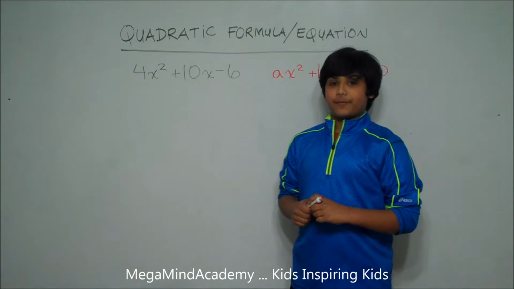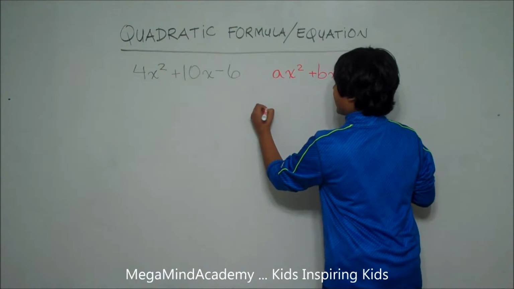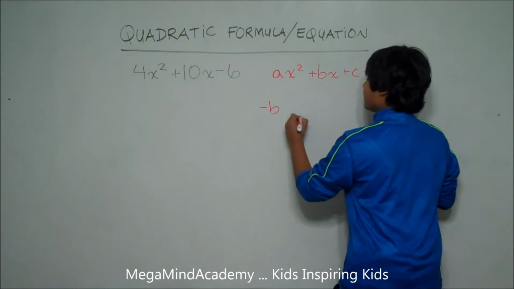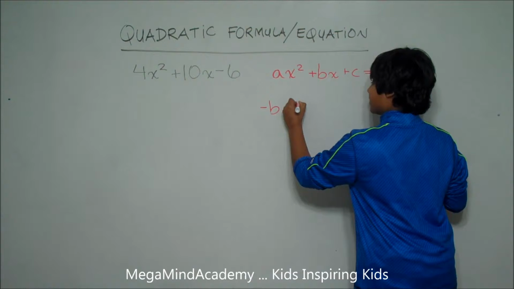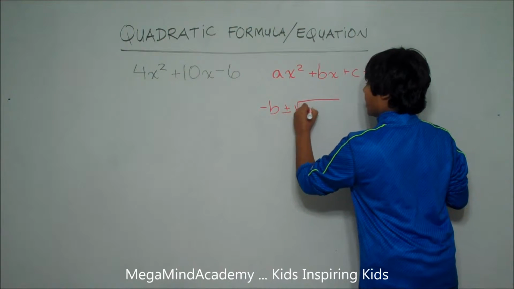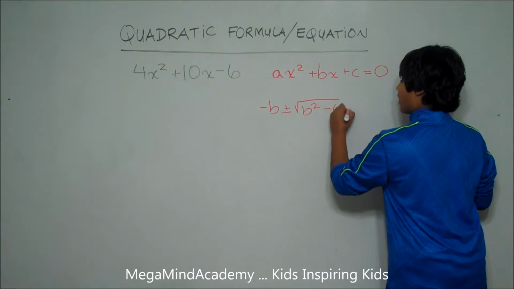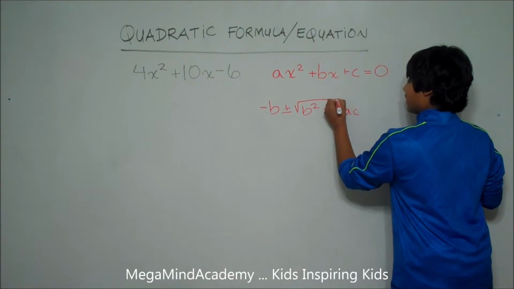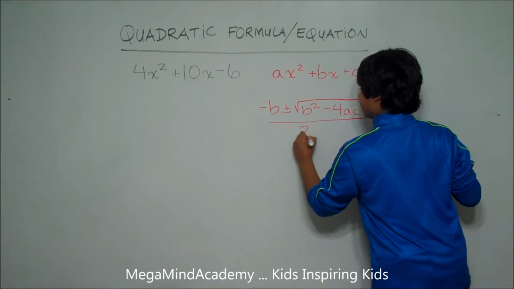Now, the quadratic formula is negative b plus or minus the square root of b squared minus 4ac, all over 2a.